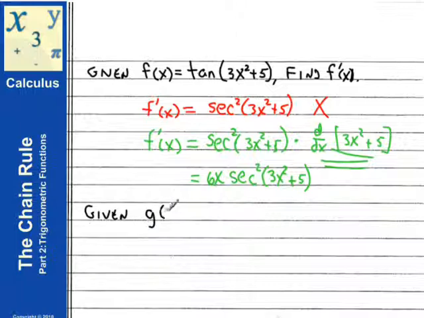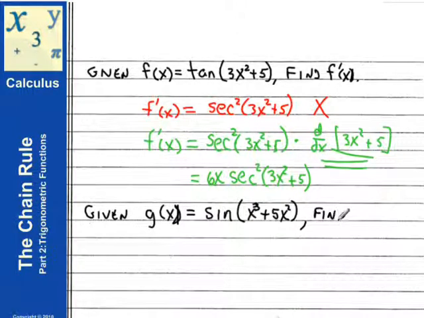Let's say g of x is equal to the sine of x cubed plus 5x squared. And we're asked to find the derivative. That is, find g prime of x.